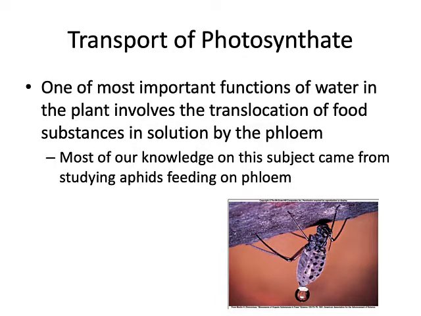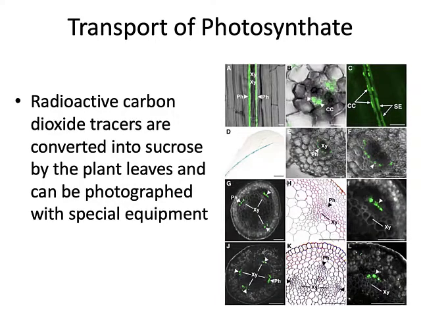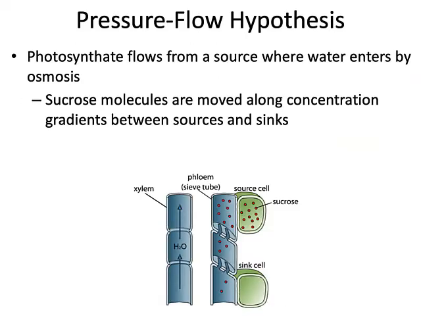This is referred to as quote-unquote honeydew. We can also use radioactive carbon dioxide tracers to see exactly where this sugar moves. And using special equipment, we see that sure enough, this sugar only translocates through the phloem.